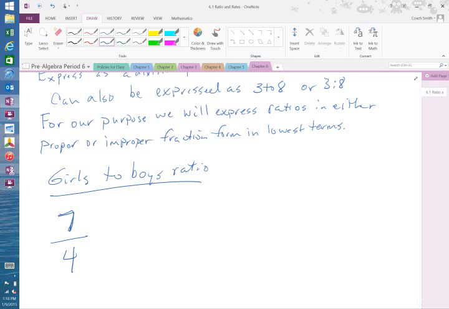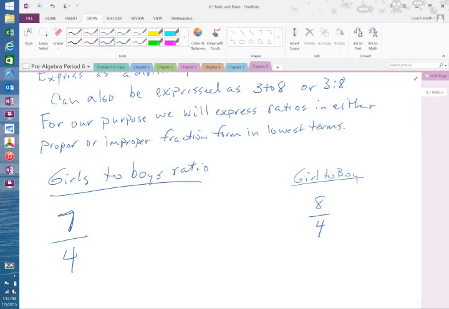Now, obviously that's an improper fraction that you could reduce and say it's 1 3/4, but you do not do that with ratios. You leave it in improper fraction form. Let's say the ratio is 8/4, not 7/4.